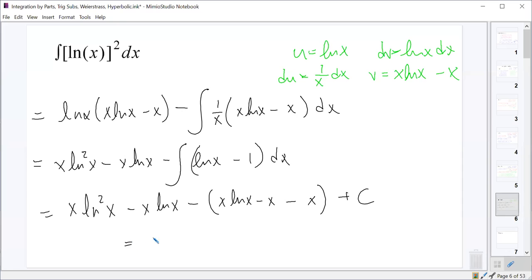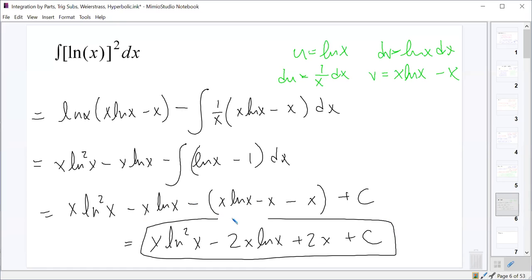And what do we get? x ln squared x minus an x ln x minus another x ln x is minus 2x ln x. And then minus x and a minus x is minus 2x. But if I subtract that, that's a plus 2x, plus our constant.